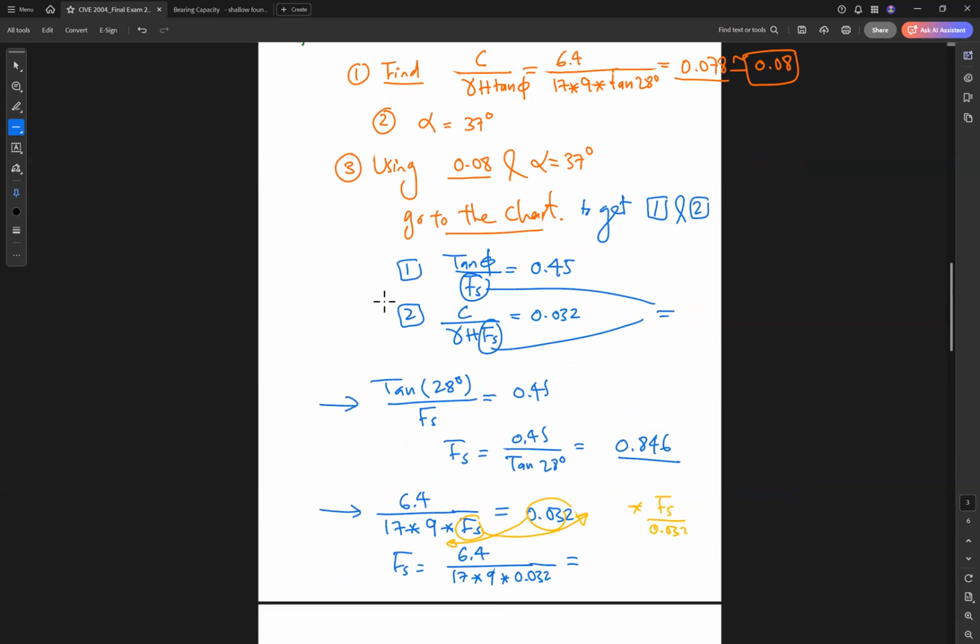So let's assume this value is 0.846. If we get this one as 0.3, so 6.4 divided by 17.